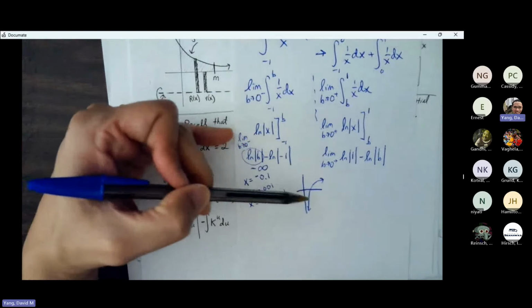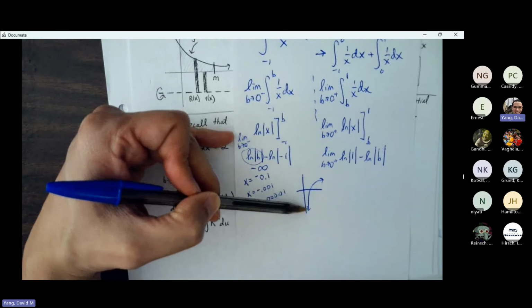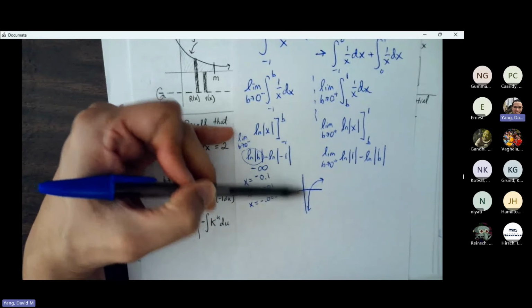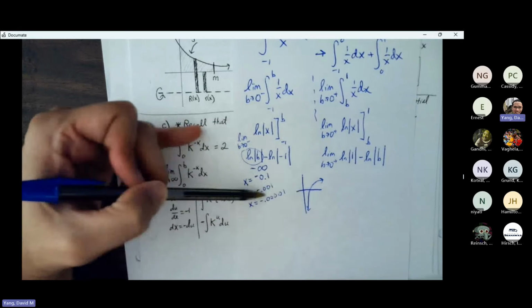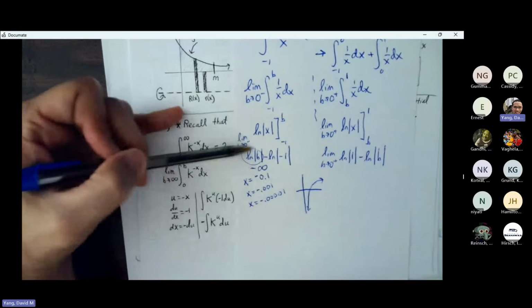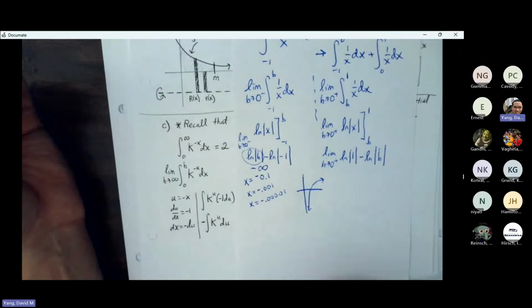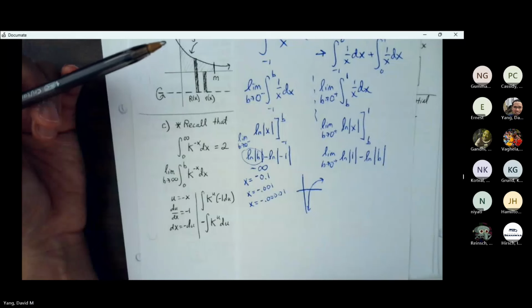As we get closer to the y-axis, our y value heads to infinity. So if one diverges, we don't have to test the other one. The whole thing will diverge.